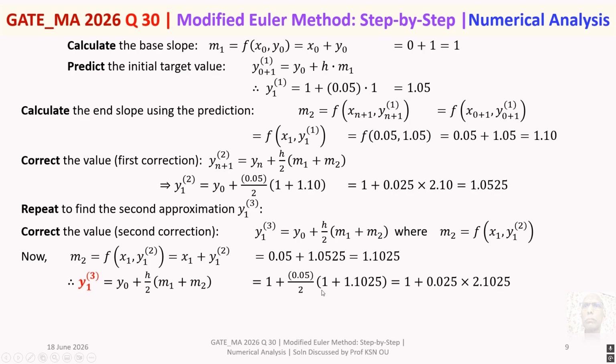So calculate, that is 1 plus 0.05 by 2, h by 2, into the bracket 1 plus the latest m2, 1.1025, and that is 1 plus 0.025 into 2.1025. Calculations we have done and added.